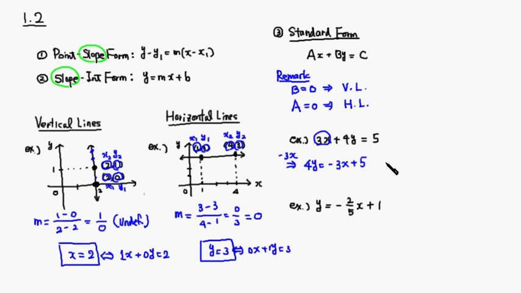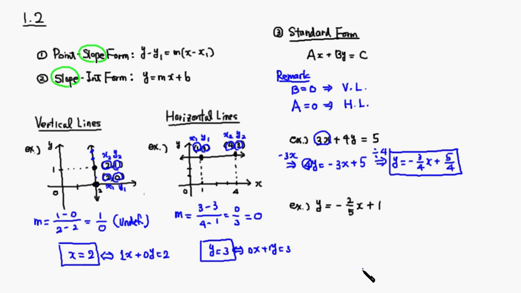After that, we can get rid of the 4 by dividing through by 4, which will give you y equals negative 3 over 4 x plus 5 over 4. And this equation is in slope-intercept form.